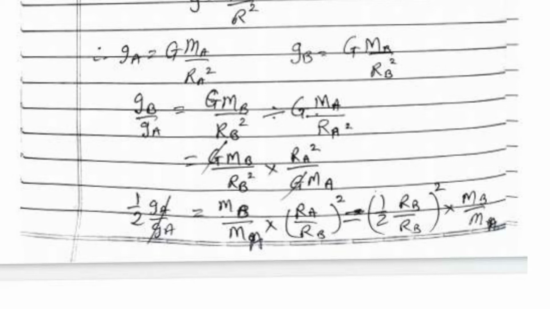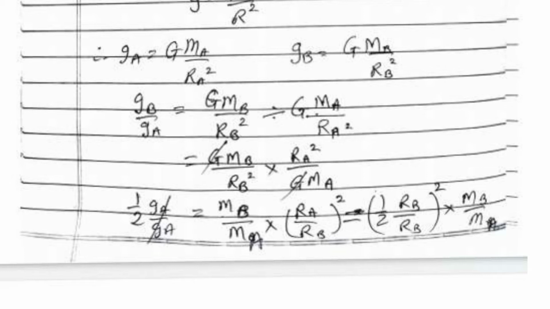Now this GA and GA got cancelled, so here we got half. Correct. And now, what is the relationship given for the radius? That it has to be half of the other planet, right? So that substitution will be done.